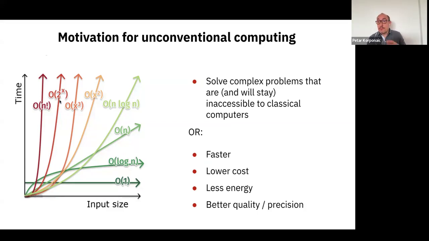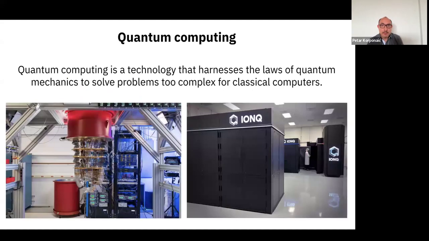Now, one of the unconventional approaches is quantum computing. So let me continue. What is quantum computing? Quantum computing is the use of quantum mechanics to solve hard computational problems.